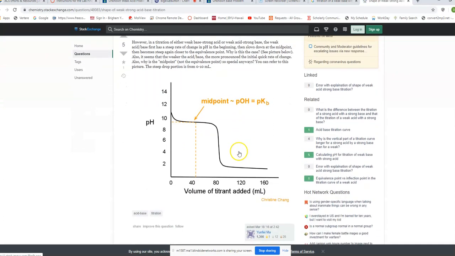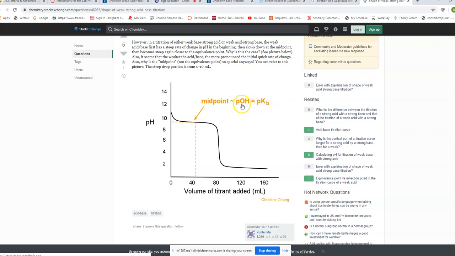Our pH is going to start basic. It's going to have a little bit of a shift there, and then we're going to get to the halfway point, and then it's going to come to a point where it completely drops. At the halfway point, the pOH is equal to the pKb.